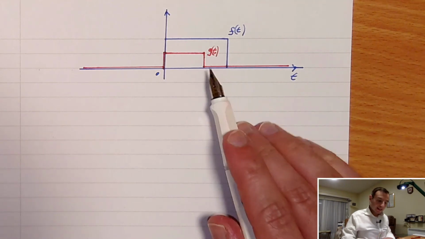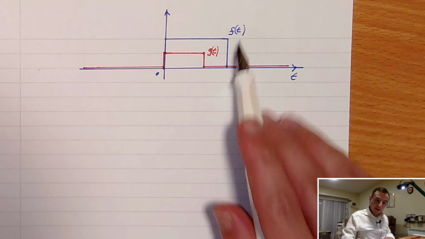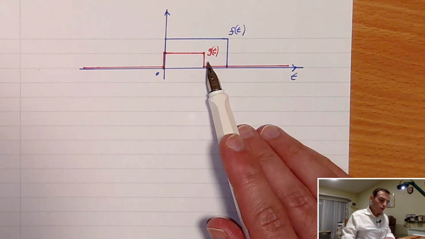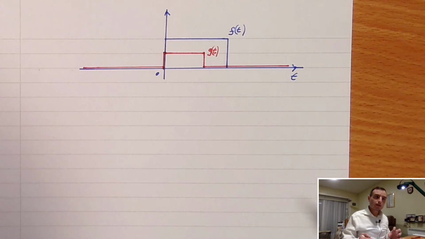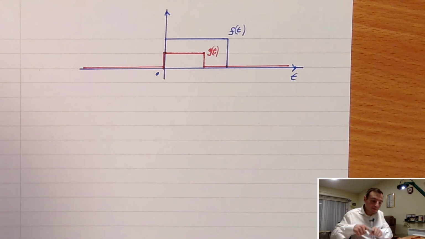Okay, so let's have a look at two functions. We've got f of t and g of t. Don't worry about the values for now. What we're trying to do is build up a mathematical way that we can work out a function that will describe the area of overlap, the magnitude of the area of overlap for all values of t as one function is swept across the other function.